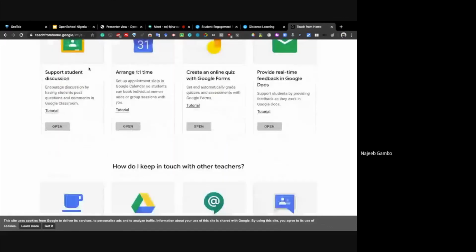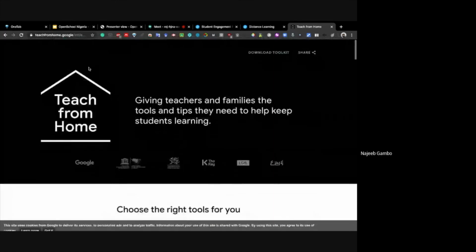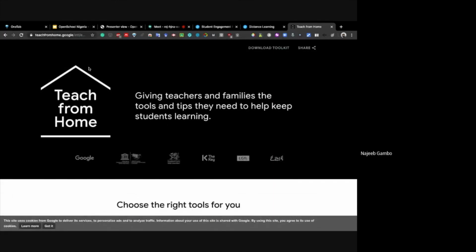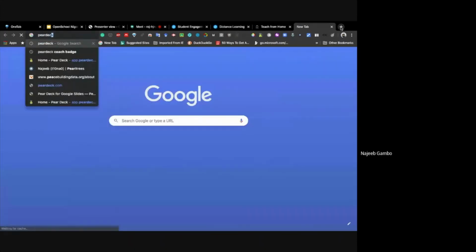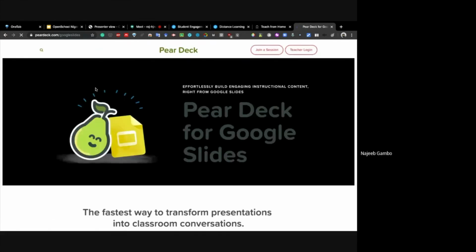You can see they will give you a lot of tools there, and students you can use for teaching, you can use for exams. So I think, Aisha, probably this might work for you. Either Teach from Home, or you can use Peer Deck. There is another one called Peer Deck. They also provide, depending on the one you really like. And I gave you different.